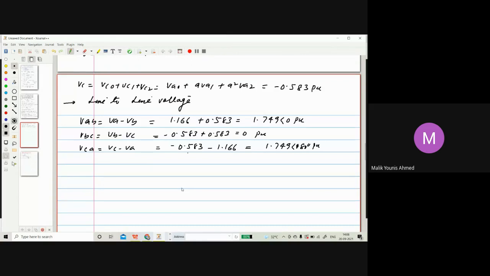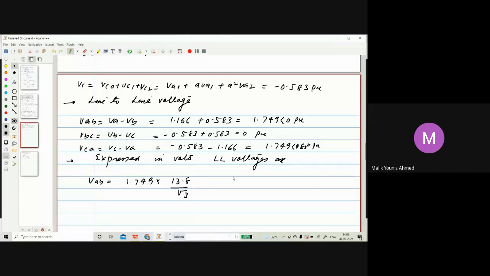So line to line voltages in actual values, expressed in volts. What will be VAB? It will be 1.749 multiplied by the actual base value, since that is the phase value.